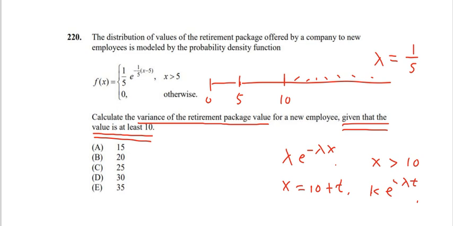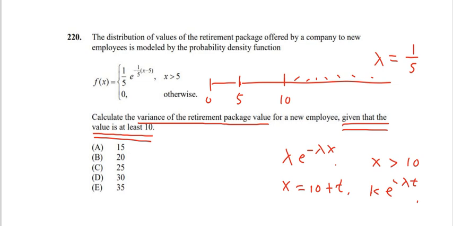So the conditional distribution is still an exponential distribution.